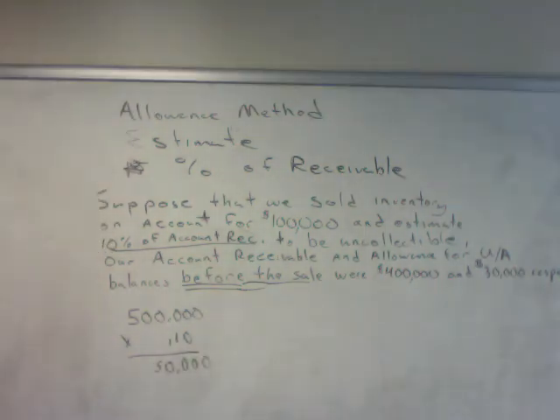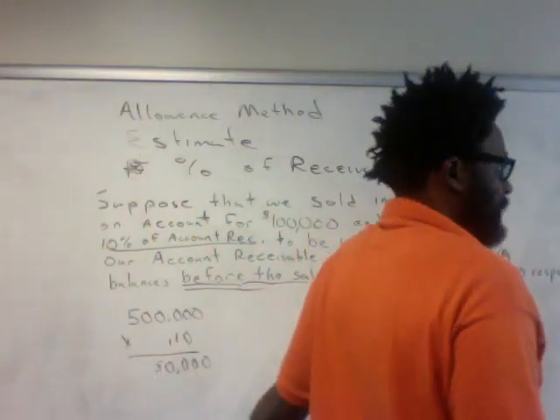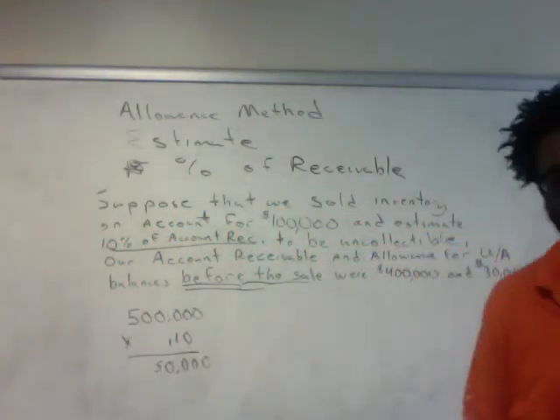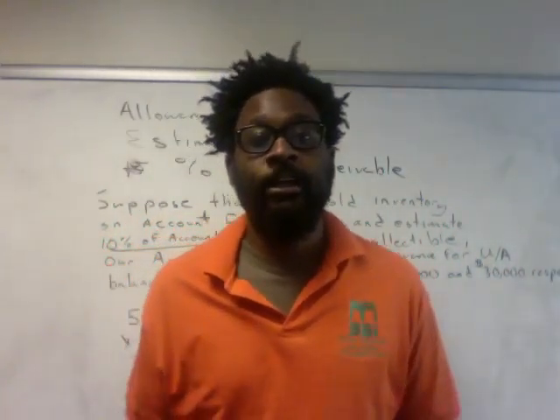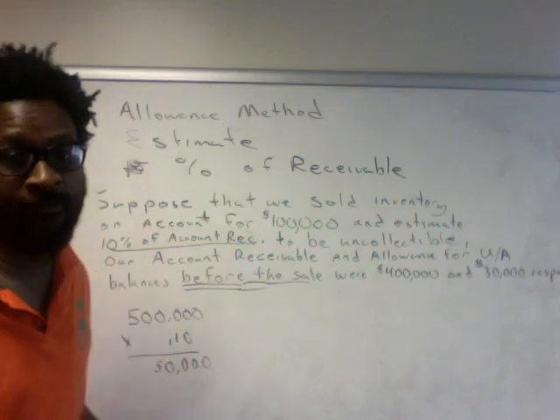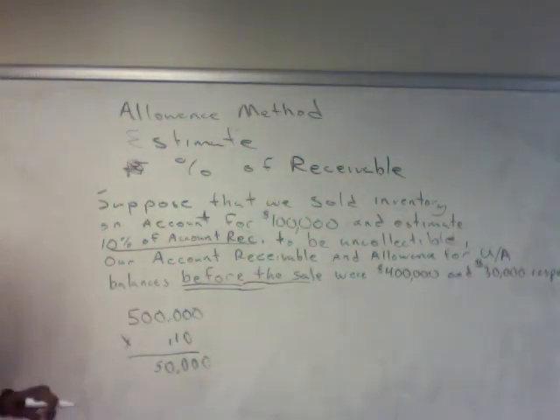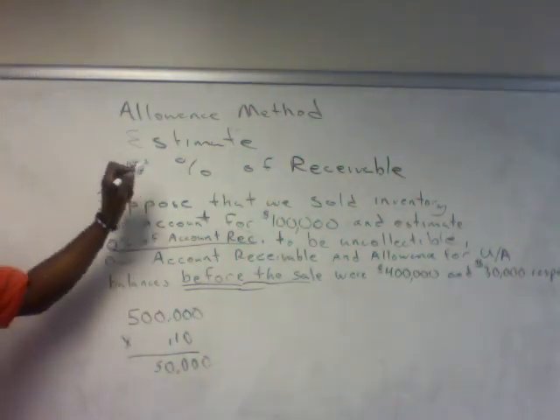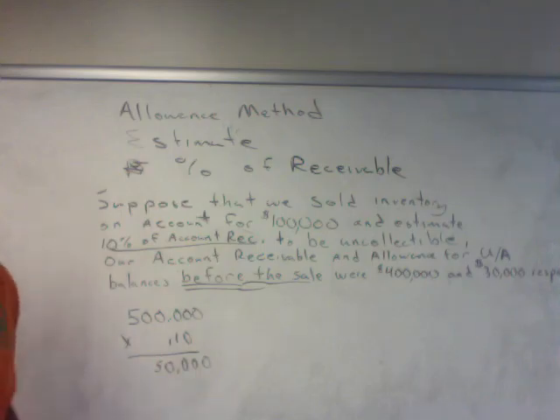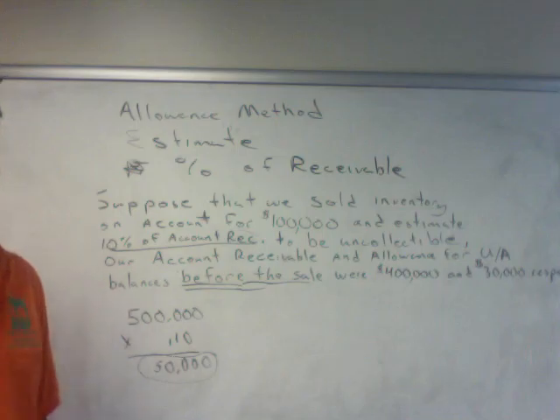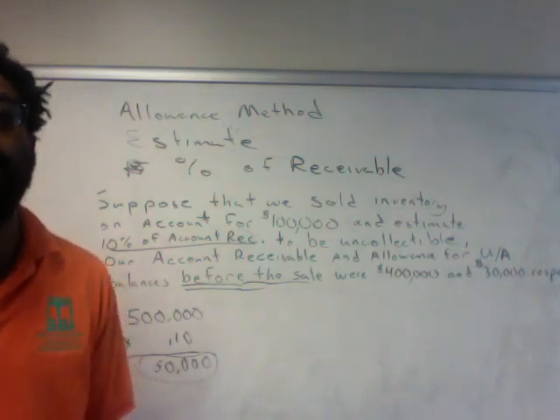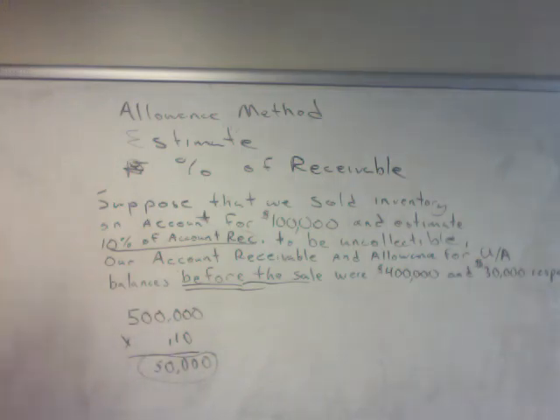Now, some of you may be itching to throw that $50,000 straight into the journal entry, but that will be incorrect. Why? Because the rule of thumb for a percentage of receivables tells us that the number we calculate, the $50,000, must become our allowance for uncollectible accounts balance. Do we already have an allowance balance?